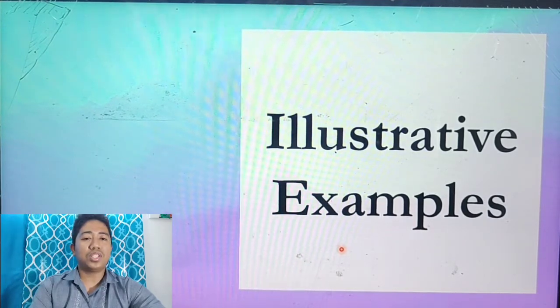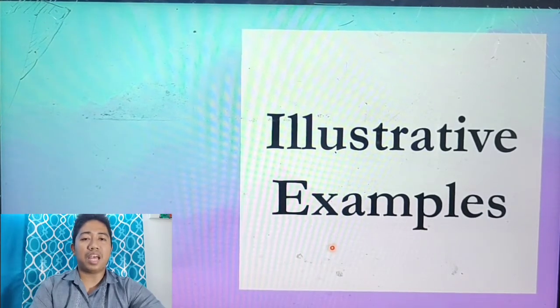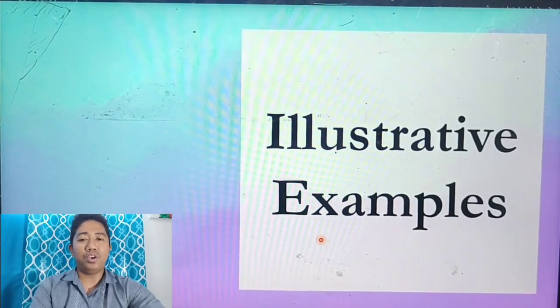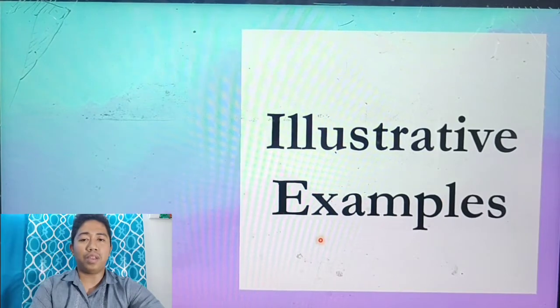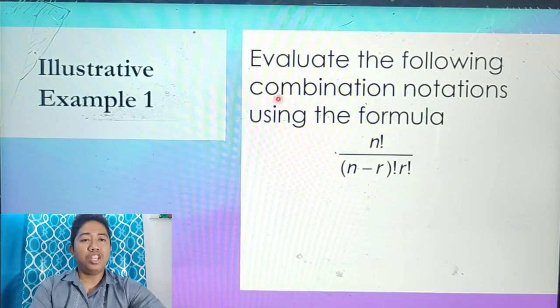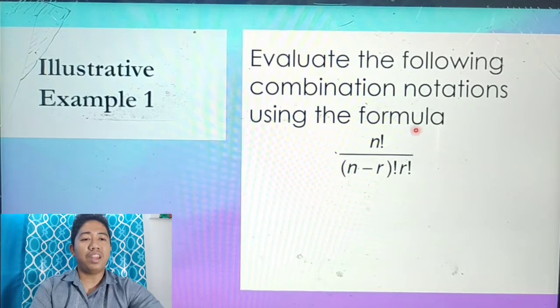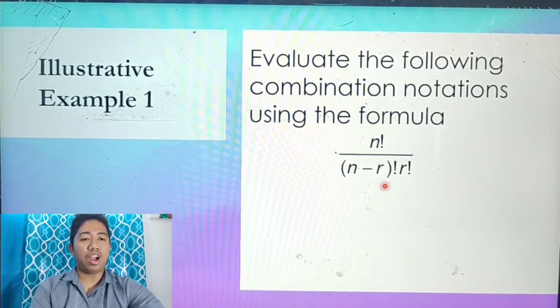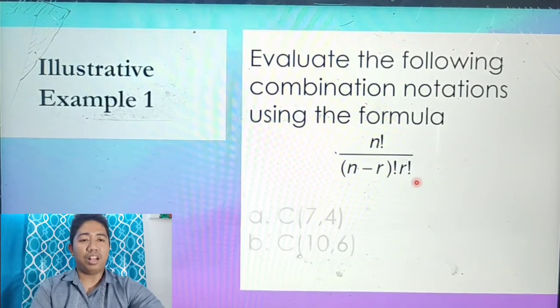I present to you some illustrative examples on how to evaluate the value of the combination using the formula. Here is the first illustrative example. How will you evaluate the following combination notations using the given formula, N factorial all over the quantity N minus R factorial, R factorial?